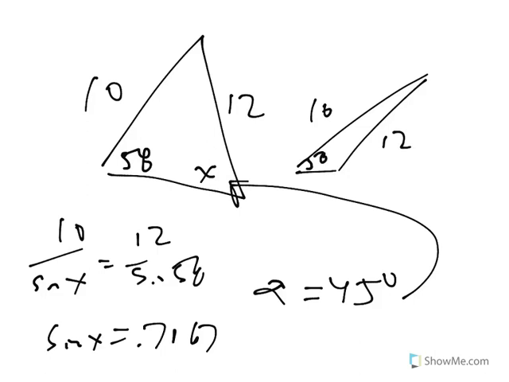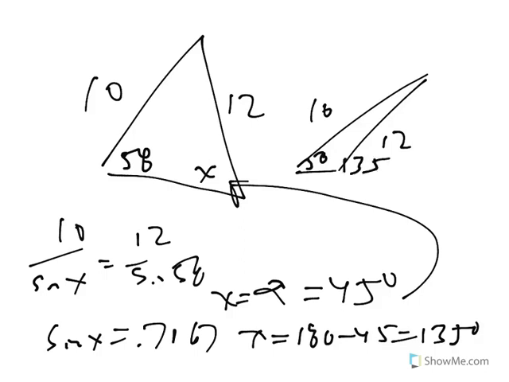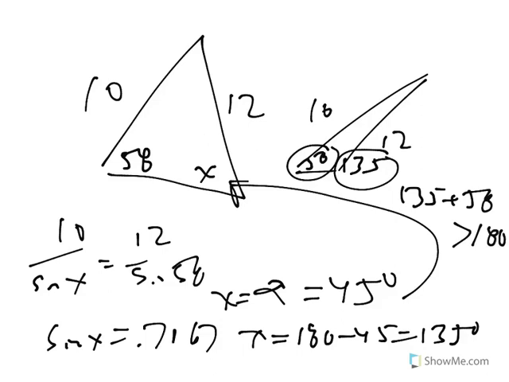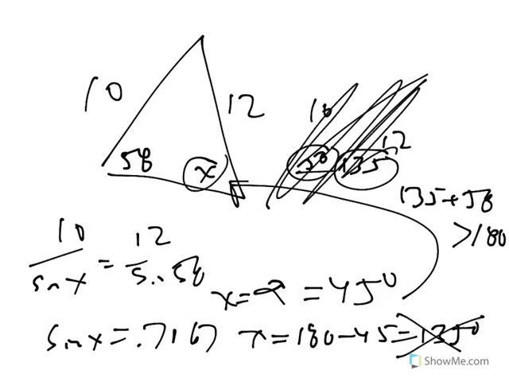If you actually try to find the other answer, you get x equals 180 minus 45, which is 135. You say, okay, so what's wrong with that? Well, what's wrong with that is that 135 plus 58 is already bigger than 180. So we would actually reject this answer, and there would only be one answer to this question, just the 45 degrees.